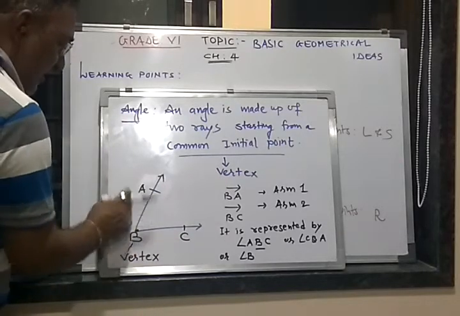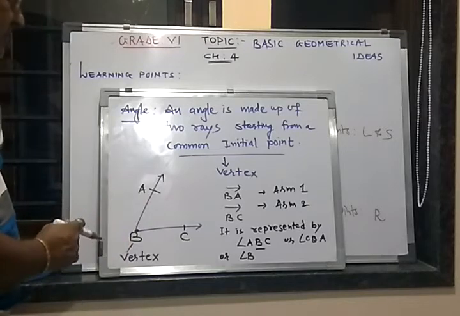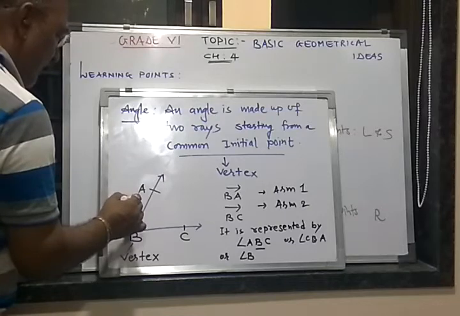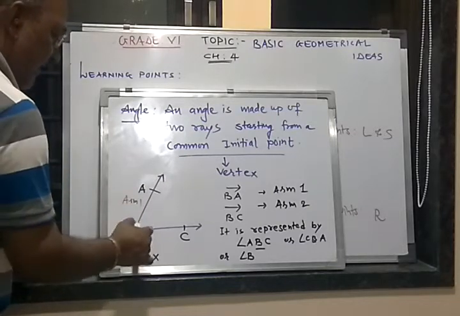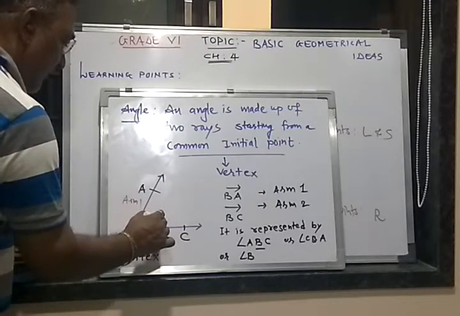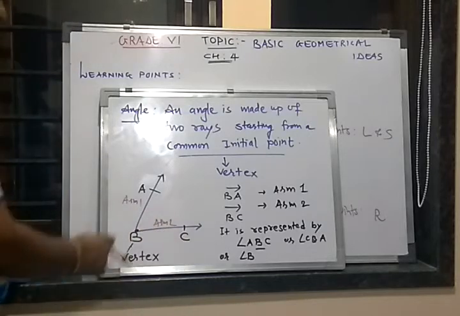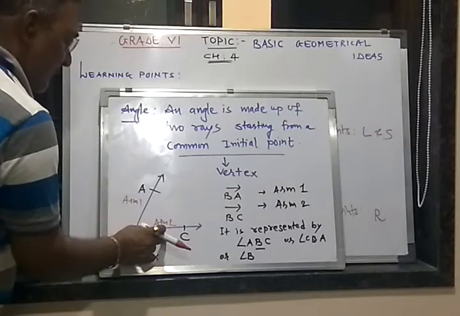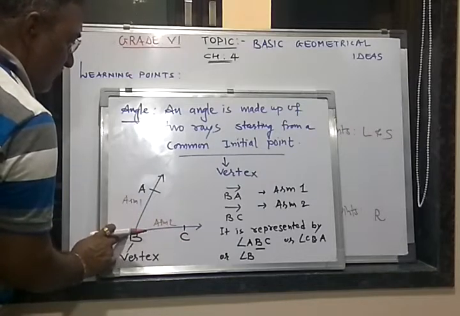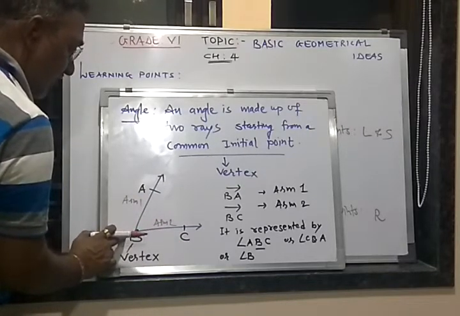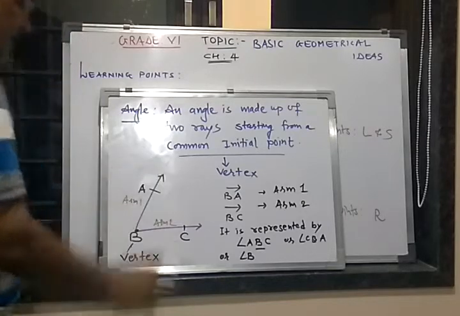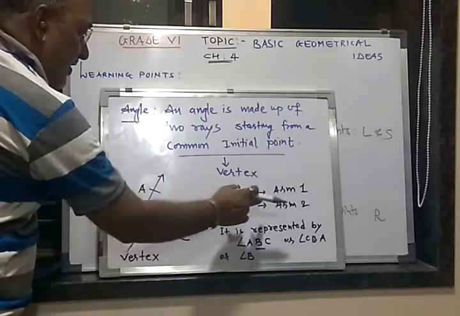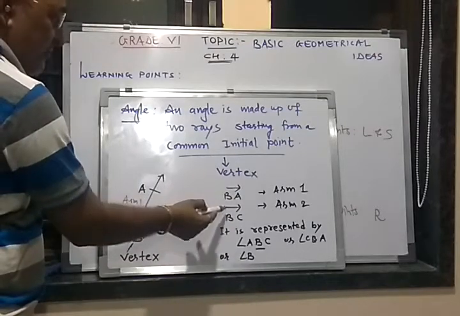You see, BA, BC, B is common, right? So this ray BA is arm number 1, and ray BC is arm number 2.